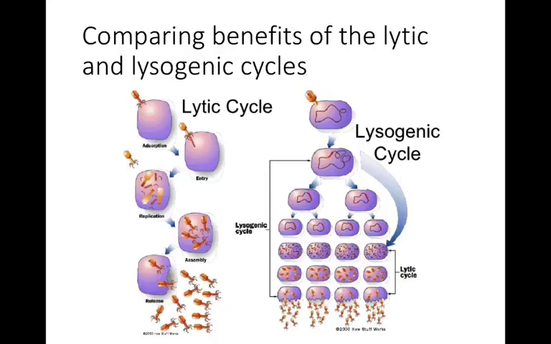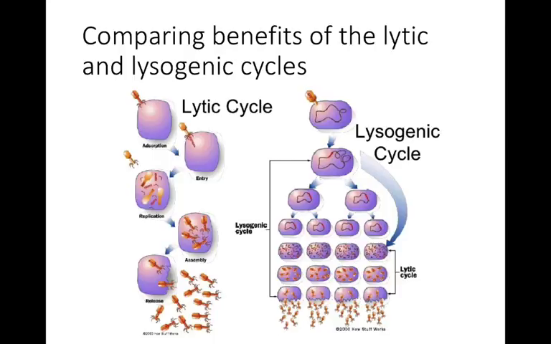So one of the things that we can think about is, what is the evolutionary benefit to lysogeny? And what is the benefit compared to the lytic life cycle? Both of these mechanisms exist because there's been selection for them. And we've seen here some of the cues that can lead to the establishment of lytic or lysogenic life cycle. It should make some pretty clear sense the benefit of the lytic life cycle with respect to evolution.